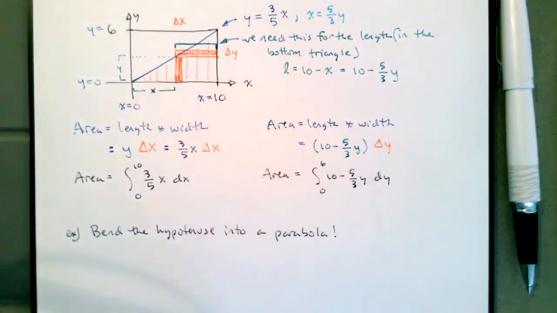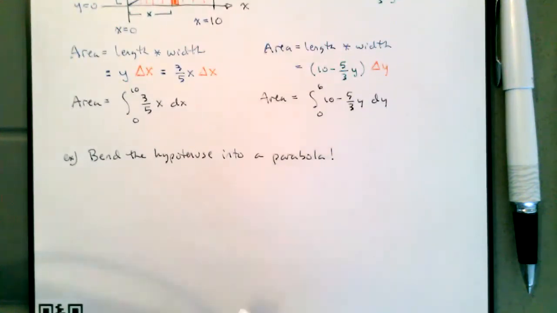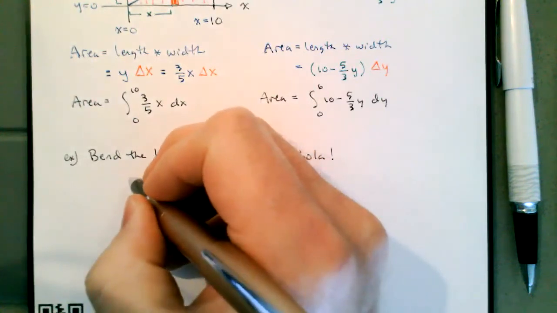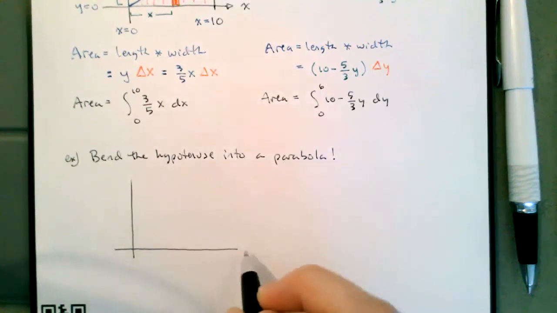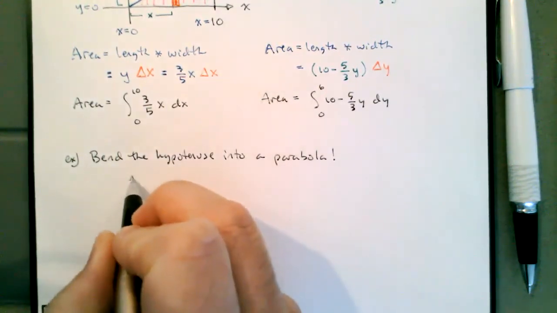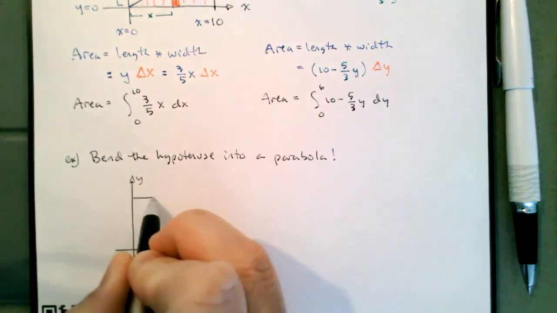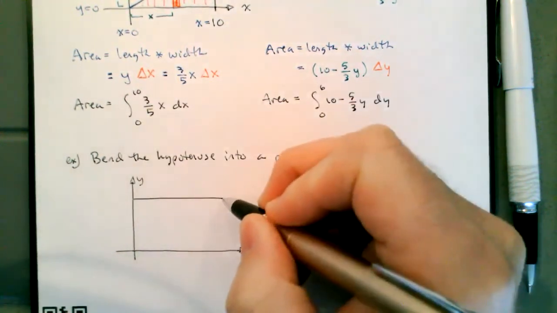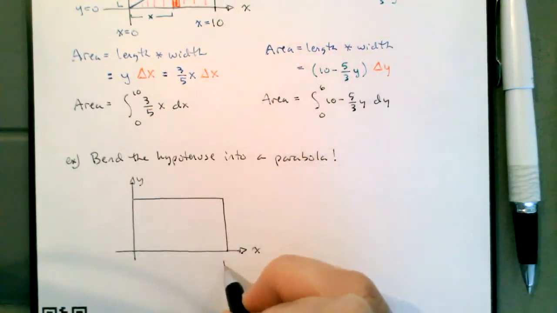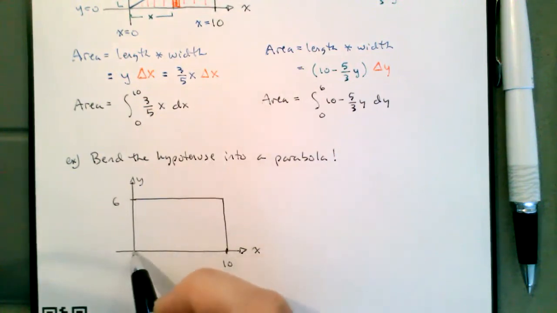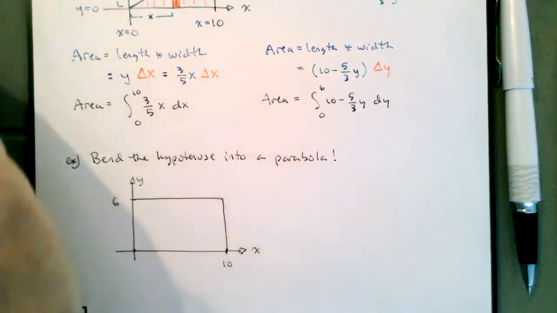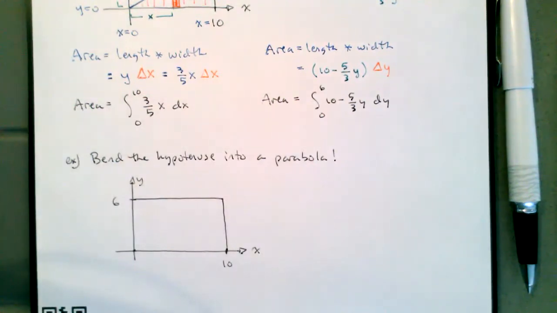And let's take that same rectangle and not split it with a line to make the problem easy, but bend the hypotenuse into a parabola. So let's suppose I'm still going to cut things out of a rectangle, and I can still put this at 10, and I can still put this at 6. But now instead of just connecting the origin and 10, 6 with a line, what if I connect this with a parabola?